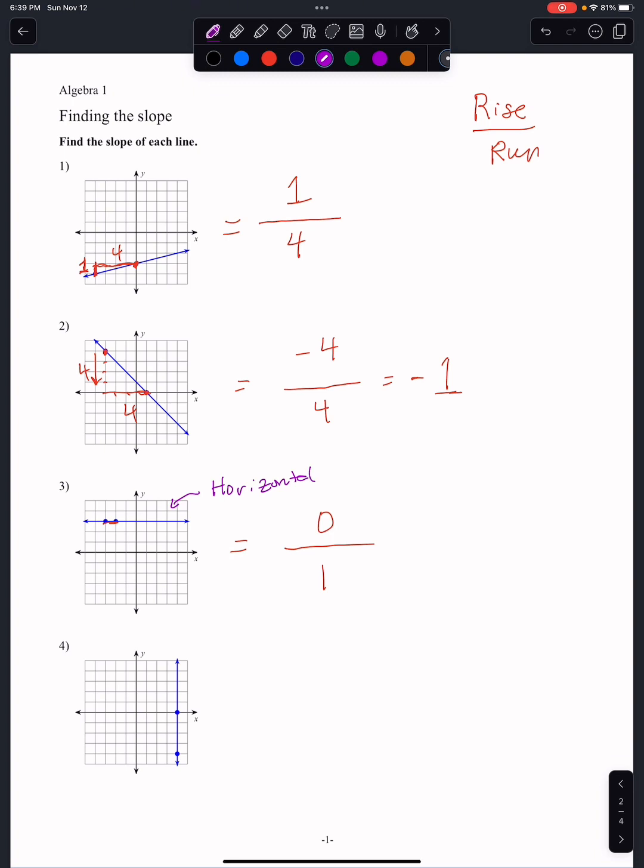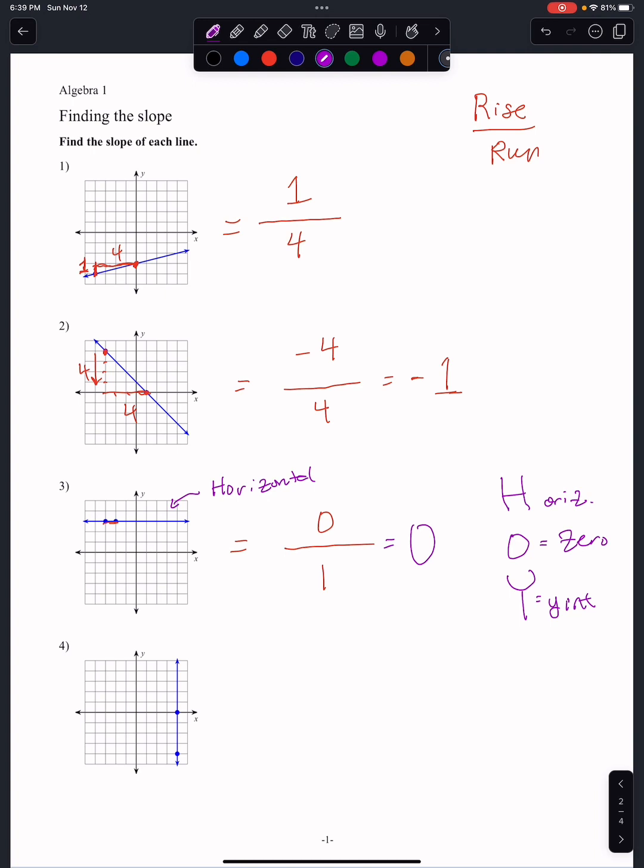And because it's horizontal, that means it is a HOY line. Remember, HOY, horizontal. That means our slope is 0 and we have a y-intercept. So right here, when you have a 0 on the top of the fraction, the slope is 0.